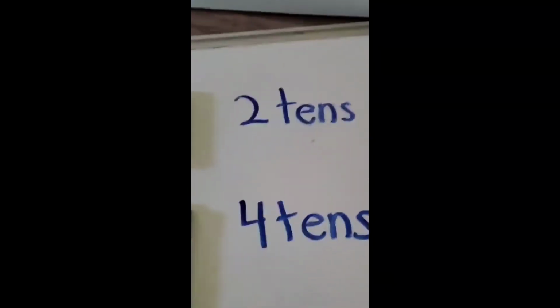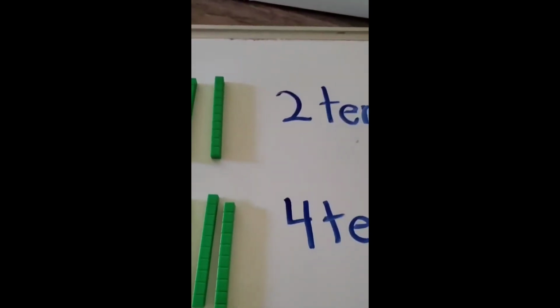So now if 2 tens are 20 and 4 tens are 40, how much are 6 tens? You guys are right. It's 60. So I'm going to show you that right here.